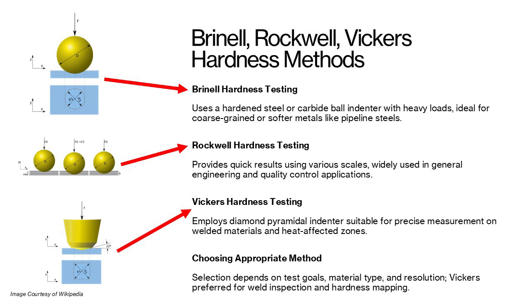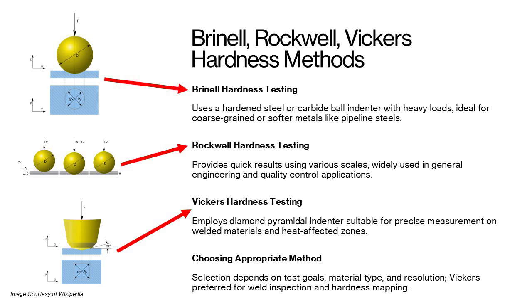Vickers hardness testing, with its diamond pyramidal indenter, is versatile and suitable for welded materials because it allows precise measurement of narrow heat-affected zones. Inspectors must choose the appropriate hardness method based on test objectives, material type, and required resolution.